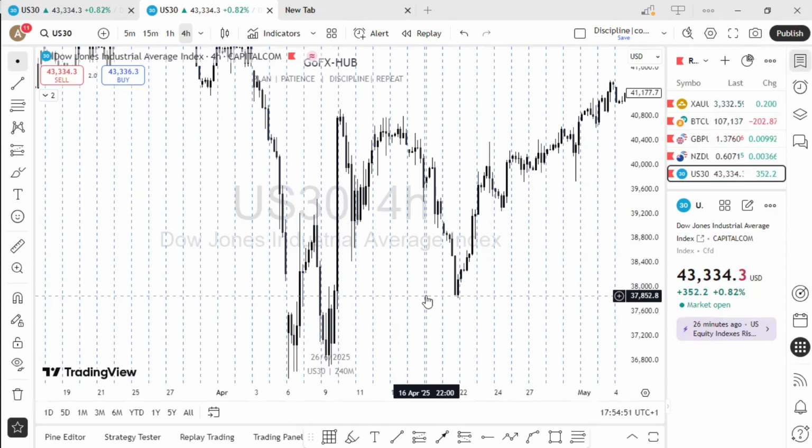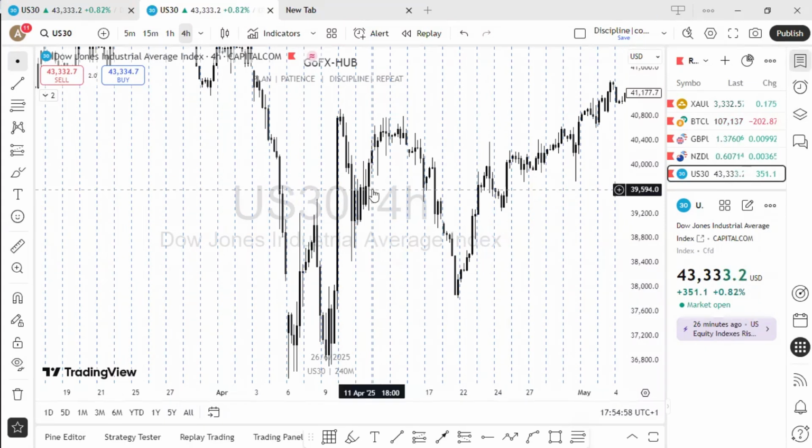As an intraday trader, which I am going to be showing us today, the higher time frame is the 4-hour. As I said before, from 4-hour to what? 15 minutes, because I am an intraday trader. So basically, this is the pair we are looking at today.